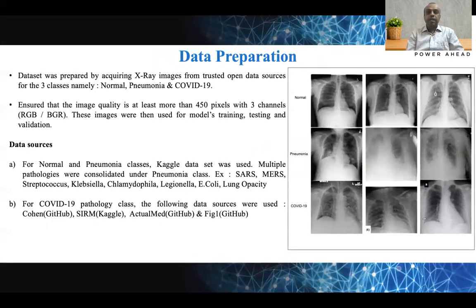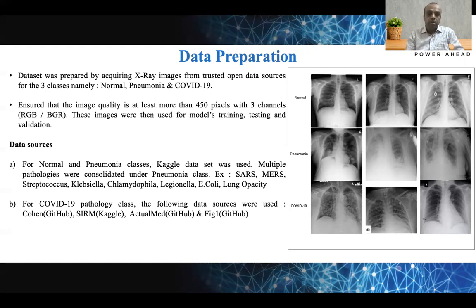The first part of this process is data preparation. We didn't spend much time on this because all this data was available from open data sources. For normal and pneumonia pathologies, we primarily relied on Kaggle.